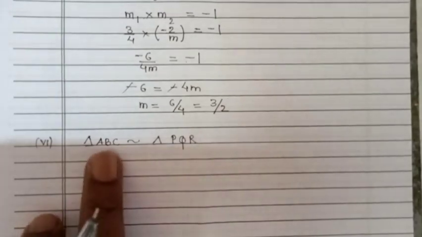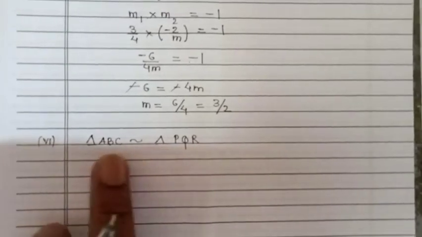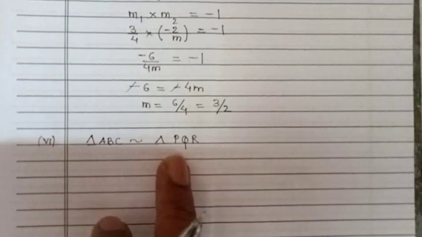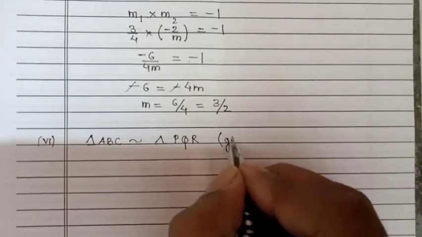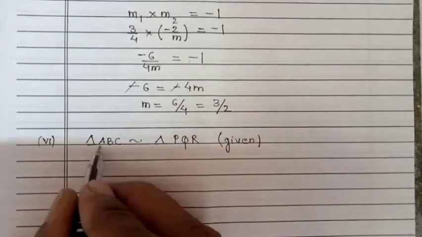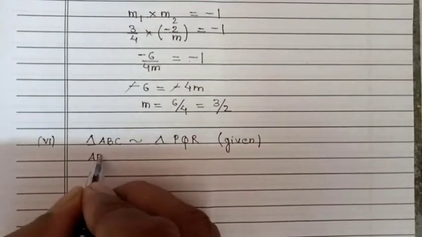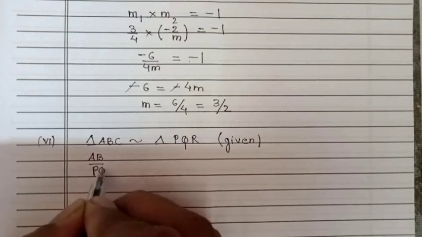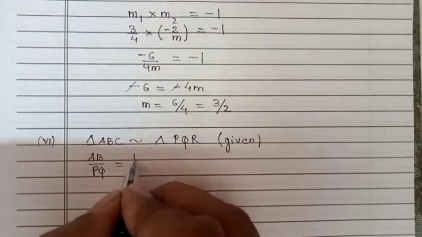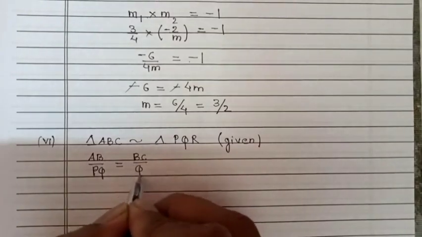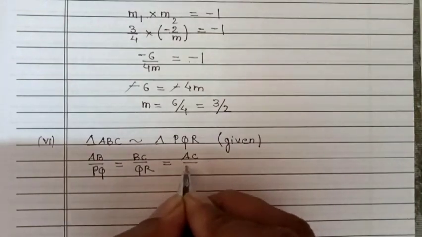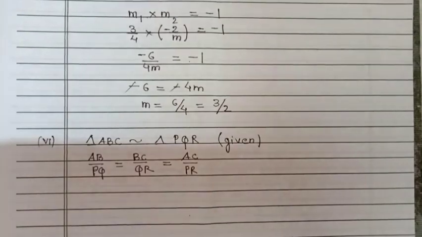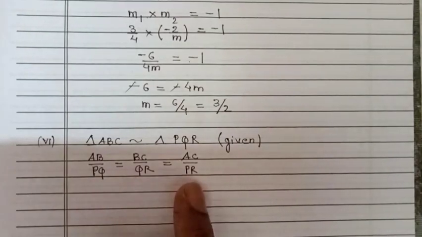Now, as we know that if two triangles are similar, then the ratio of their corresponding sides must be equal. So let us get the ratio. We will get AB upon PQ is equal to BC upon QR is equal to AC upon PR. So we are getting the ratio of corresponding sides to be equal.